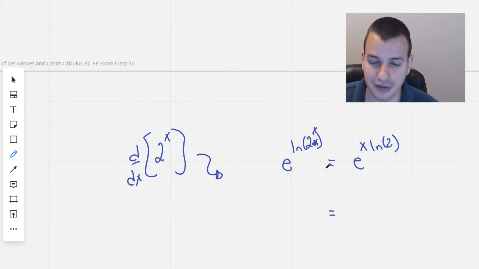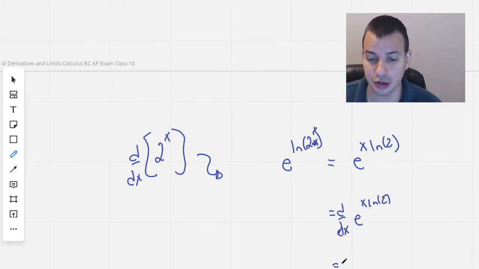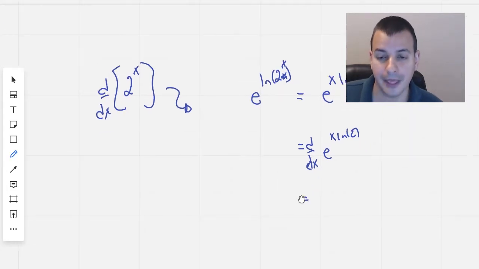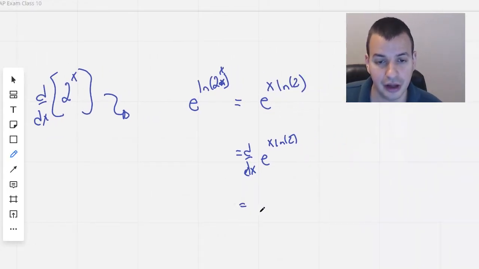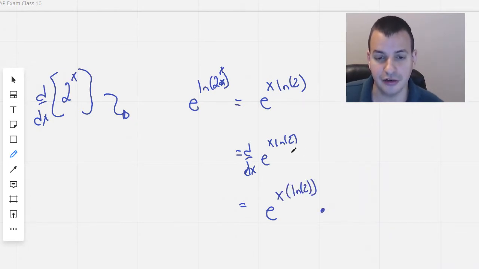And then we can take the derivative with respect to x of e to the x natural log of 2. Natural log of 2 is now just a constant, so we treat it as a constant. And we have e to the x times natural log of 2 times the derivative of the interior function.